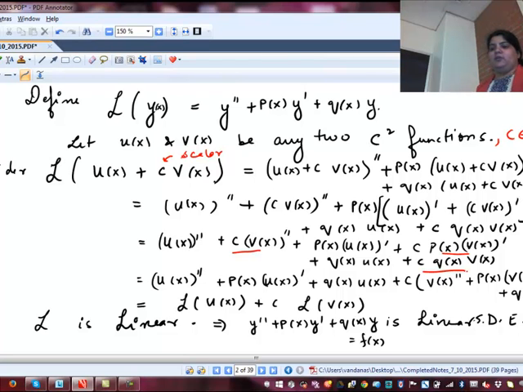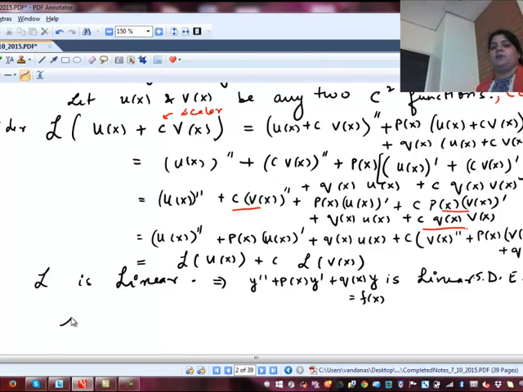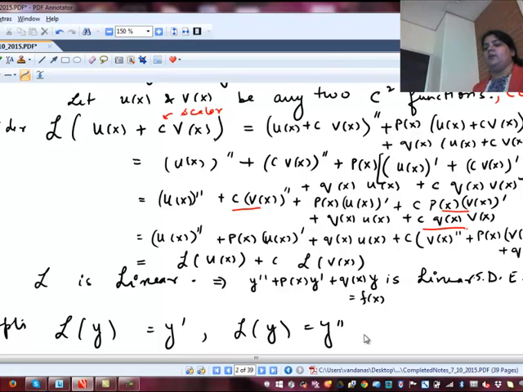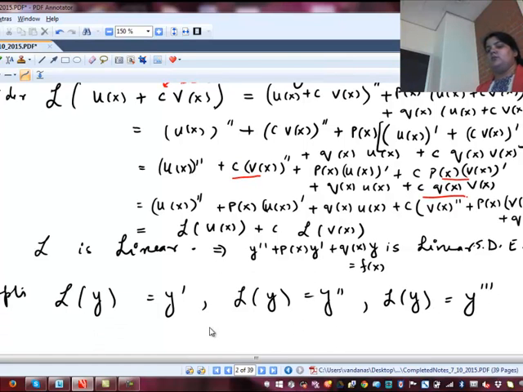So basically you gave me a bunch of examples here, infinitely many in some sense. L of y equals y prime is linear, L of y equals y double prime is linear, L of y equals y triple prime is linear, and so on. Now forget about derivatives, you are inputting a function and you are doing something else.